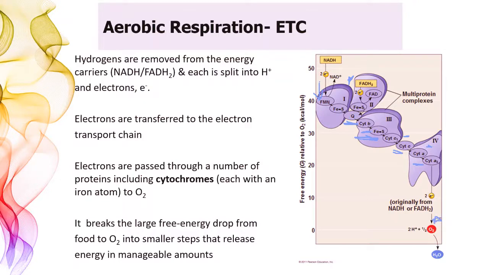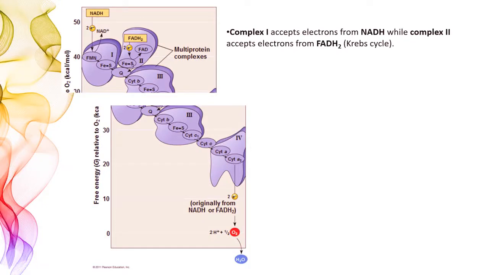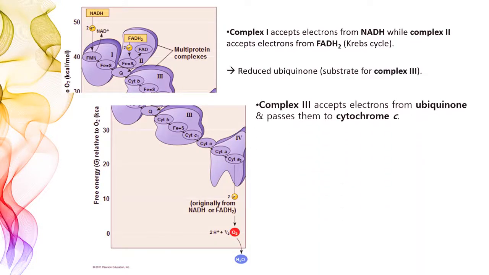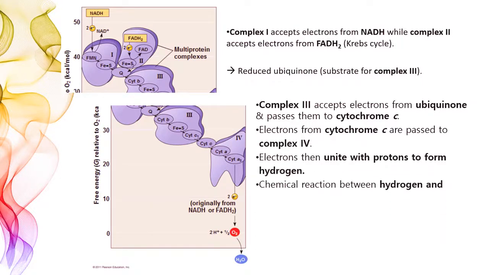And when the oxygen accepts the electron from the electron transport chain, it will combine with H plus and then form water. At the end of this electron transport chain, the electrons will finally reach oxygen, and there will be a chemical reaction between hydrogen and oxygen, and this will produce water.